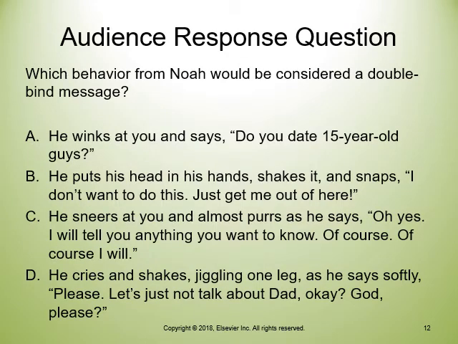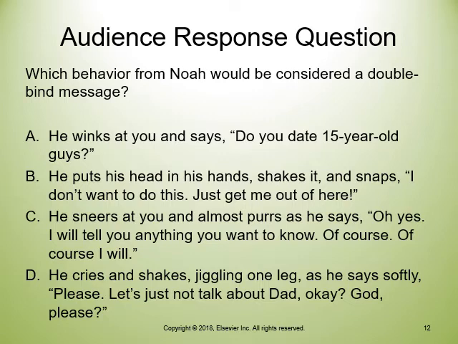So, which behavior from Noah would be considered a double bind message? Okay. A, he winks at you and says, do you date 15-year-old guys? B, he puts his head in his hands and shakes it and snaps, I don't want to do this. Just get me out of here. C, he sneers at you and almost purrs as he says, oh yes, I will tell you anything you want to know.